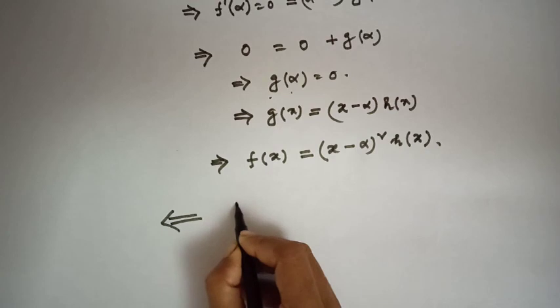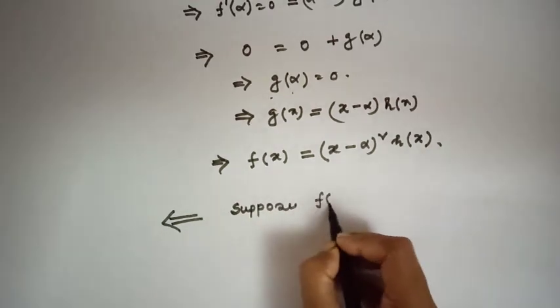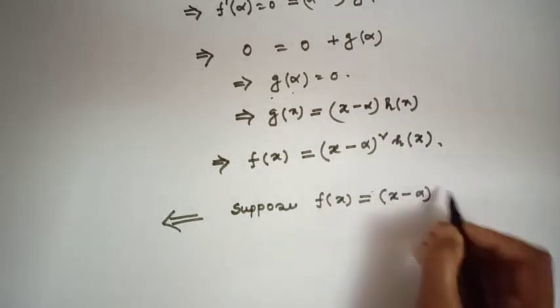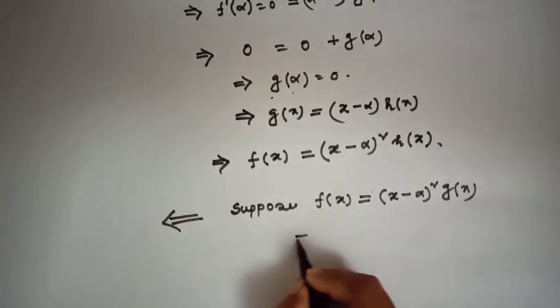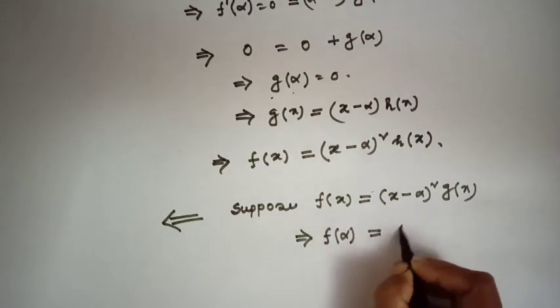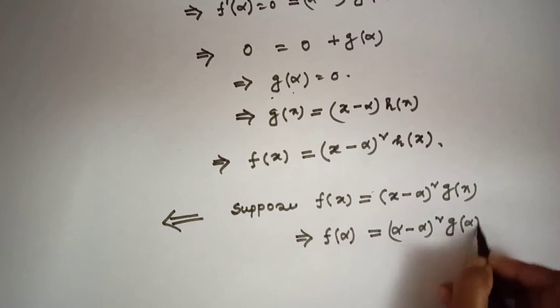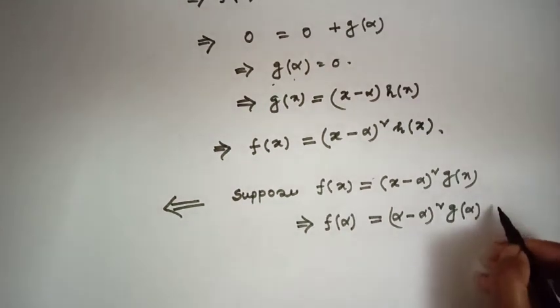Other side, suppose f(x) equals (x minus alpha) squared times g(x). That implies f(alpha) equals (alpha minus alpha) squared times g(alpha), which is equal to 0.